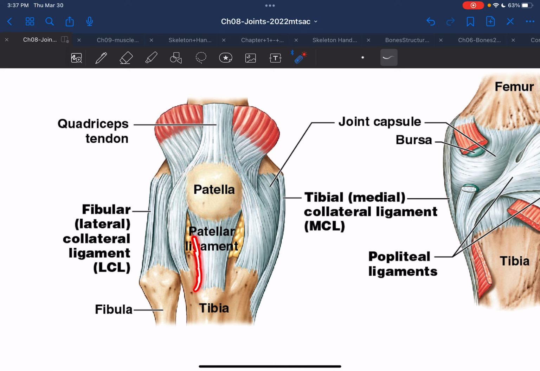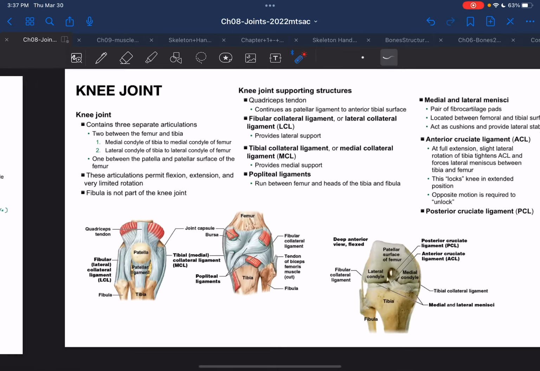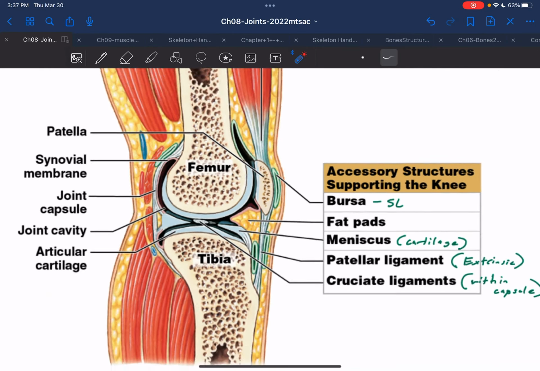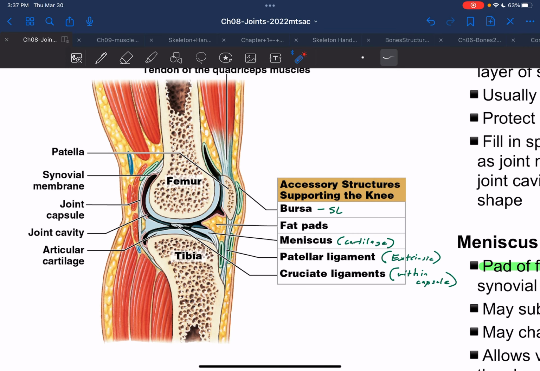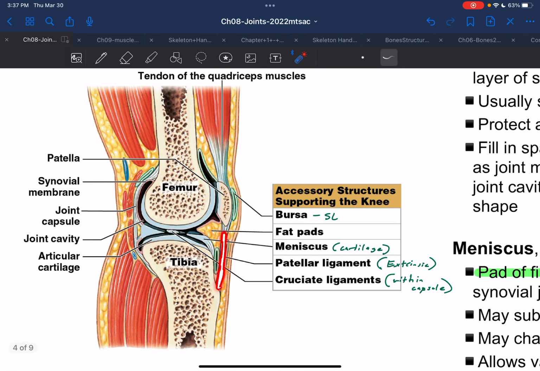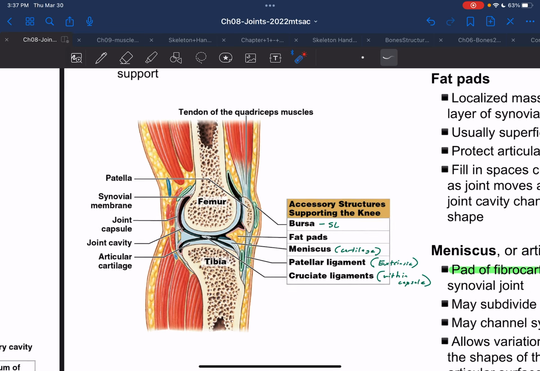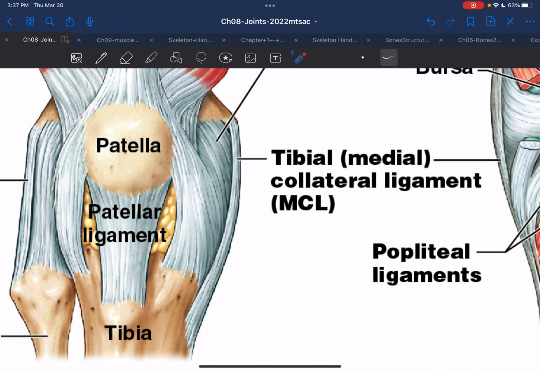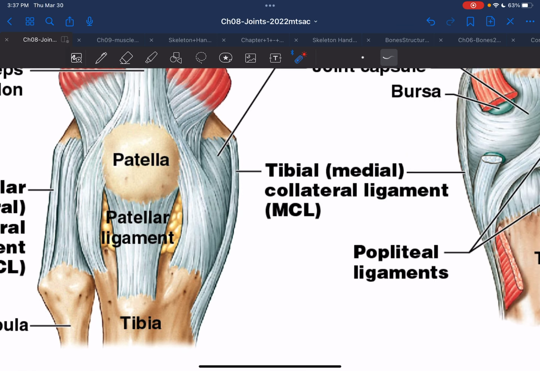We have a ligament called the patellar ligament, which is an extrinsic ligament, just like before. That's why I like using this picture, because it's already on the same joint. But you can see patellar ligament is on the outside, and it's also considered extrinsic because it is not going through or crossing through the joint capsule. So this one by itself, on its own, is really easy to understand. It's an extrinsic one on the outside.